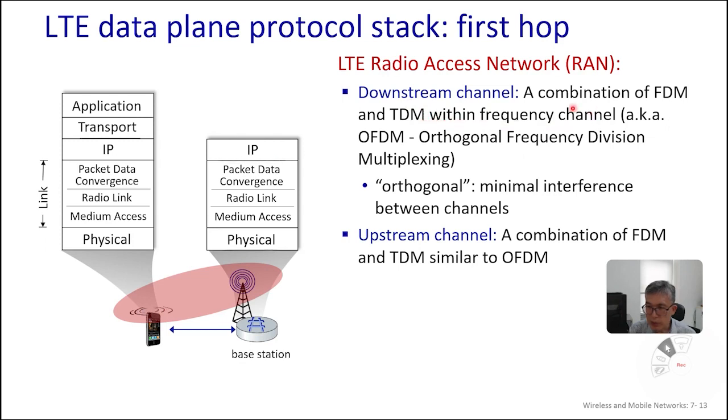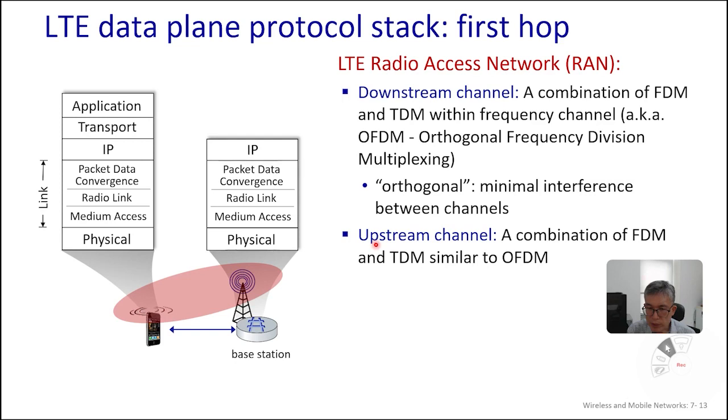This combination is called OFDM, orthogonal frequency division multiplexing. Orthogonal means minimal interference between channels. Sub-channels are used simultaneously, and time slots are also used for those channels. That's why a combination of FDM and TDM is used.